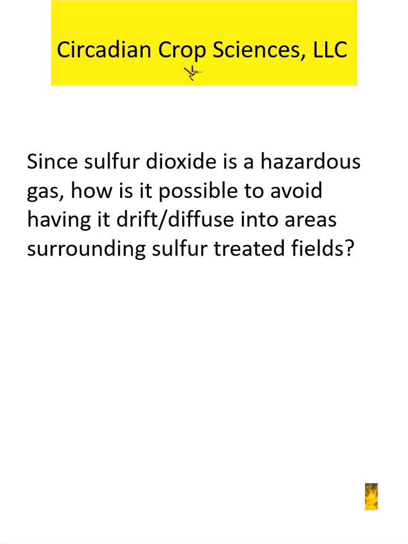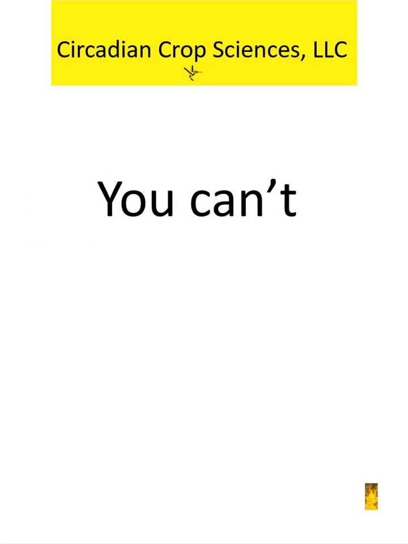You might ask, since sulfur dioxide is a hazardous gas, how is it possible to avoid having it drift or diffuse into areas surrounding sulfur-treated fields? You can't. It's a gas.